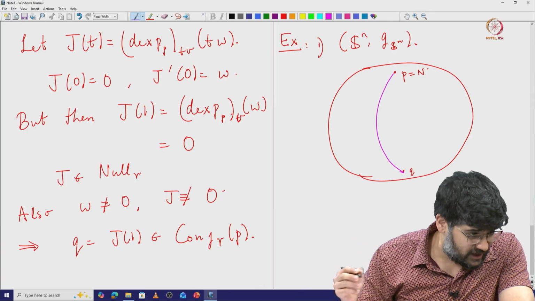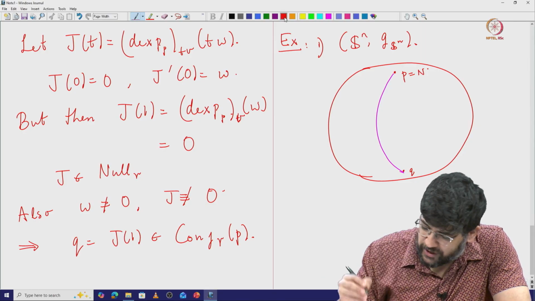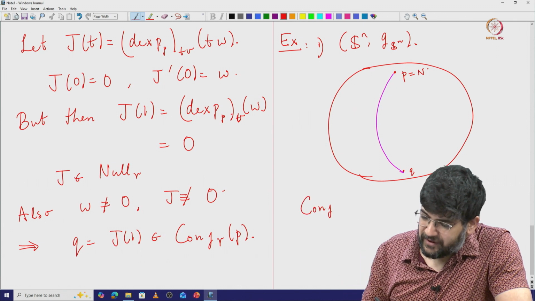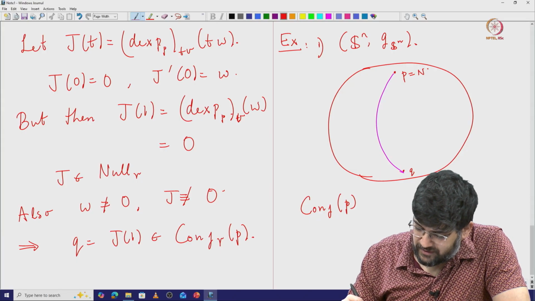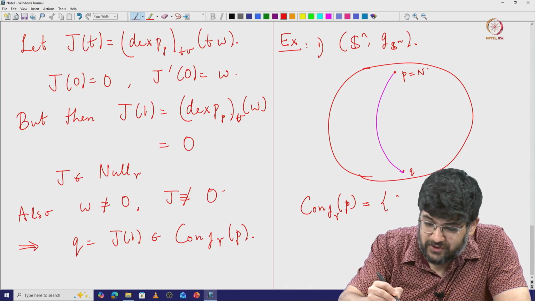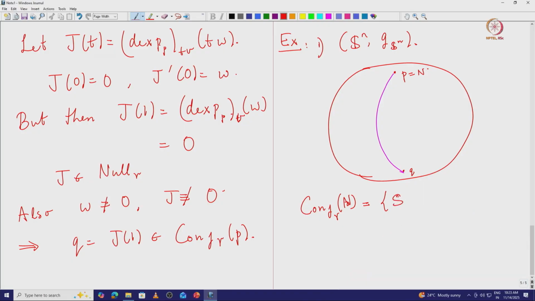So here it is clear that the only conjugate point along gamma is basically the, so here P is the north pole, and the other is the south pole, okay. And we indeed see that beyond the south pole your geodesic stops minimizing.